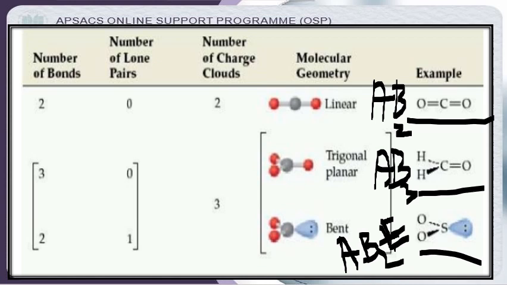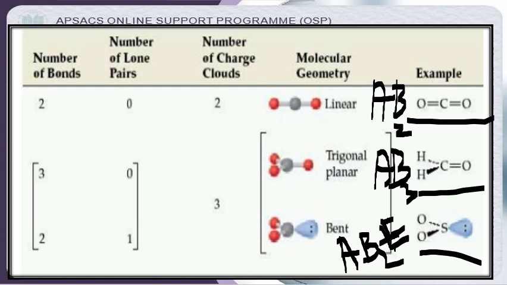Now here it is, carbon dioxide. This point was left in the previous lecture, that multiple bonds, when they are directed towards the same atom, are considered as one bond due to the direction, right?